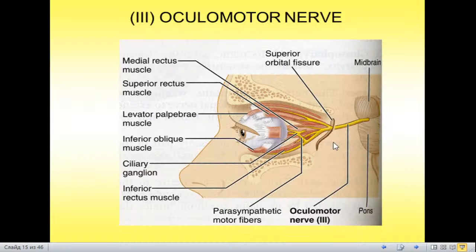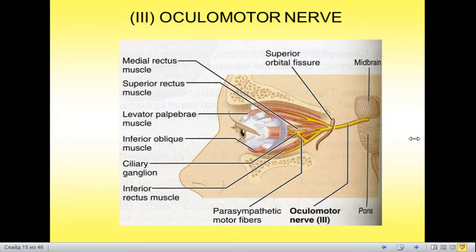Next cranial nerve, oculomotor. As you remember, it is a motor nerve because it has one motor nucleus and one parasympathetic nucleus. Due to origin, it is a nerve of the cephalic myotome. The nuclei, we said, are motor and parasympathetic. They are found in the tegmentum of the cerebral peduncle at the level of the superior colliculus.